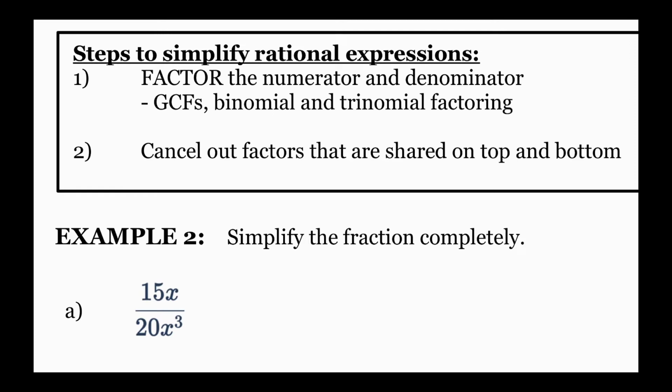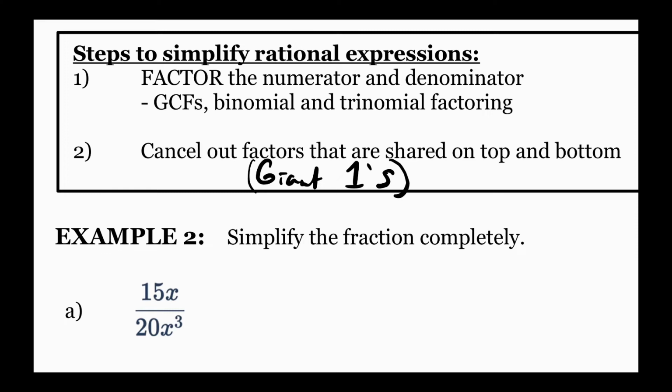We're going to do them today. GCFs, just like we saw earlier. Once we do step 1, we're looking for giant 1s. We're looking for things that cancel out on top and on bottom. I call them giant 1s because when you divide them, they make a 1. And they go away. Okay.